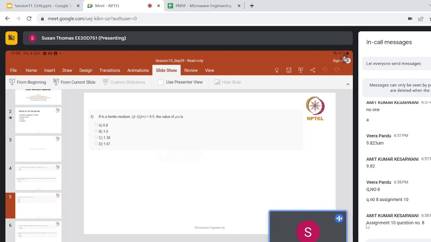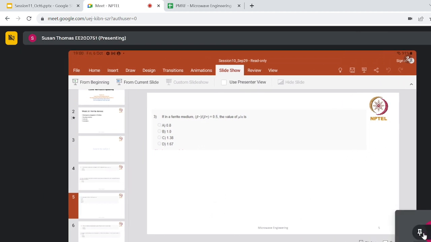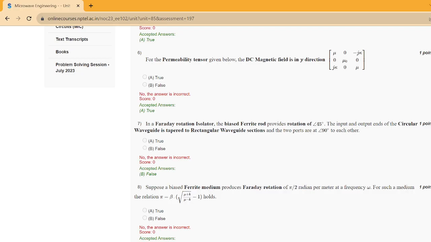Hello, ma'am. In question number 8, assignment 10, we use the relationship delta phi is equal to 2 pi beta plus minus beta minus upon beta plus plus beta minus. And then if you put delta phi is equal to pi by 2, we cannot get the relation that is true.